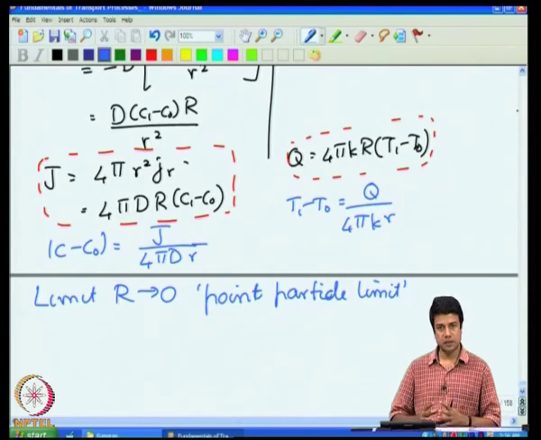As I make the particle size smaller and smaller, while keeping the total heat generated per unit time or the total mass generated per unit time a constant, I still get the same expression.